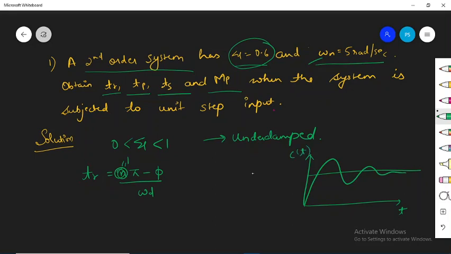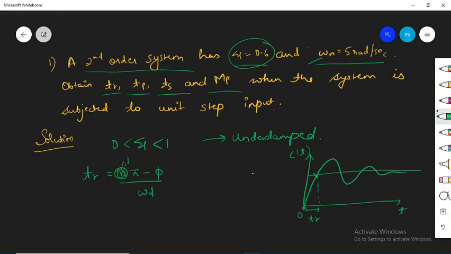Then rise time will be defined as the time taken from the initial, that is the starting stage, till the curve hits its final steady state value for the first time. So this time period will be known as the rise time.